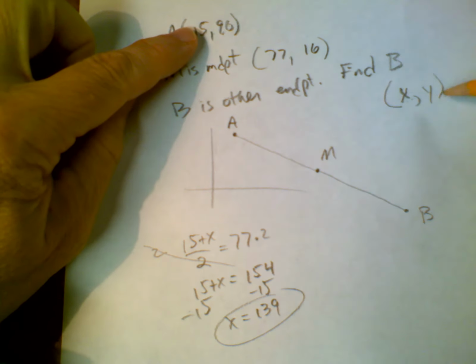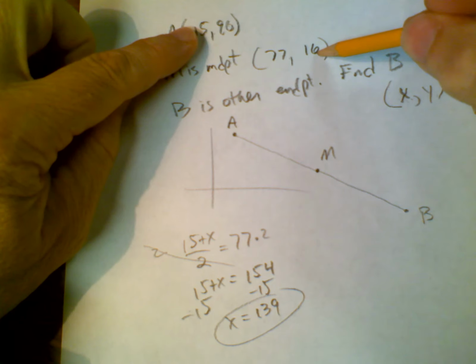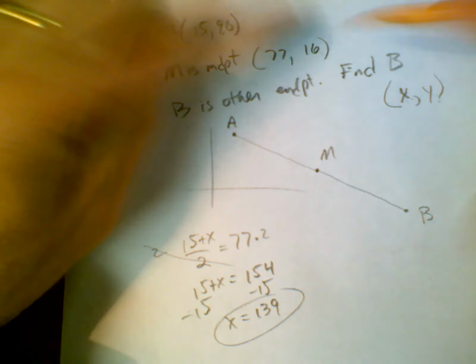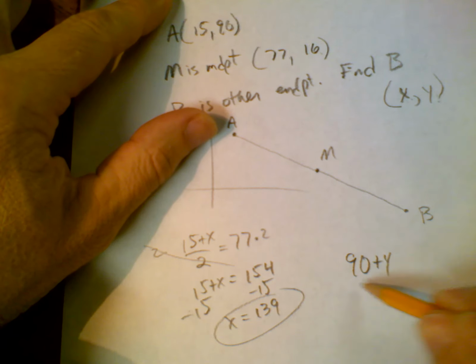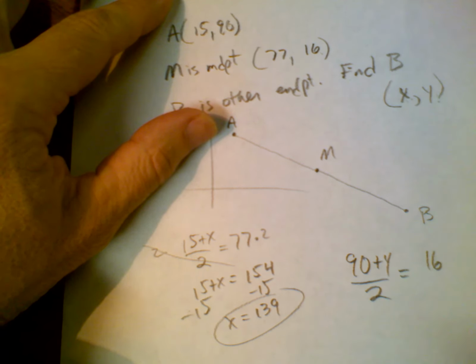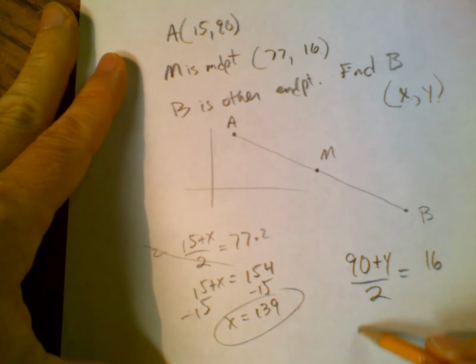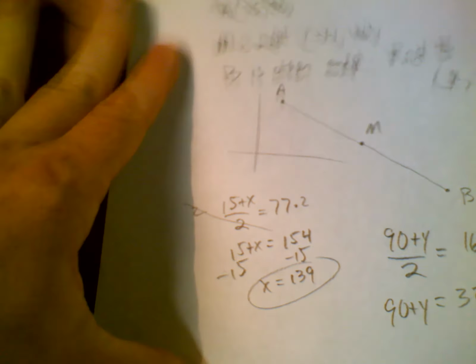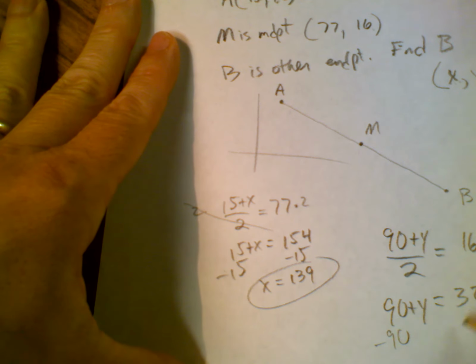The 90 and the Y have to average to be 16 because the average of the endpoints gives you the midpoint. So 90 plus Y over 2 has got to be equal to 16. Multiply both sides by 2 and you get 90 plus Y is equal to 32. Subtract 90 from both sides. Oh, here comes that negative number I was anticipating.